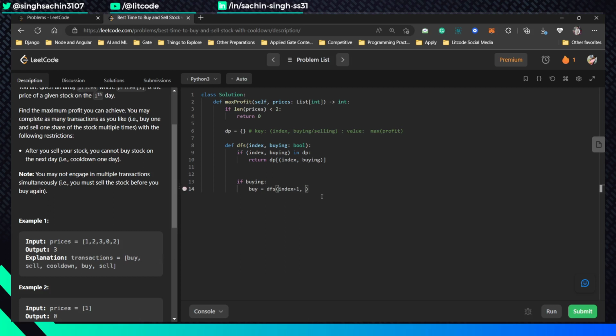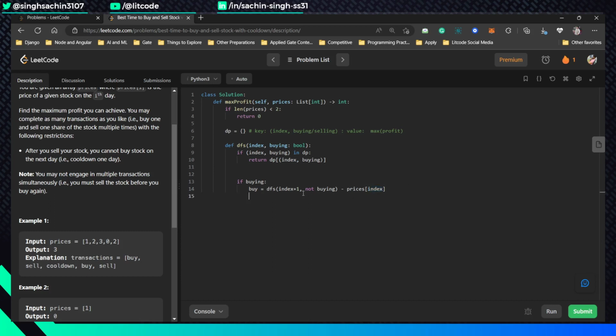And if we have already bought, we will have to sell, so this should be not buy. And we have to keep track of profit. The profit will be minus prices of the current index. Sorry, it should be a square bracket because we are just accessing the value at this index.